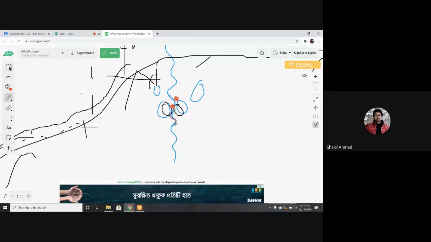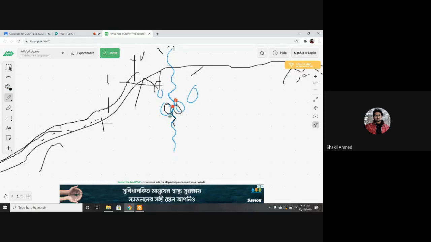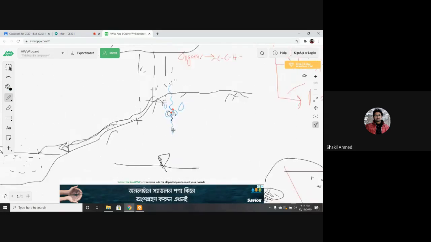So the water is getting filtrated. This sand and silt will not be able to come to the groundwater. Am I right?